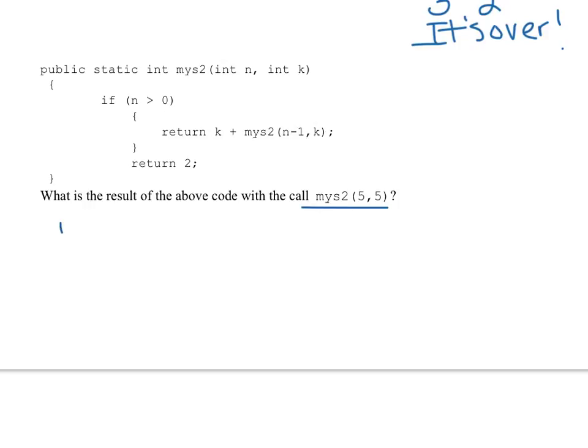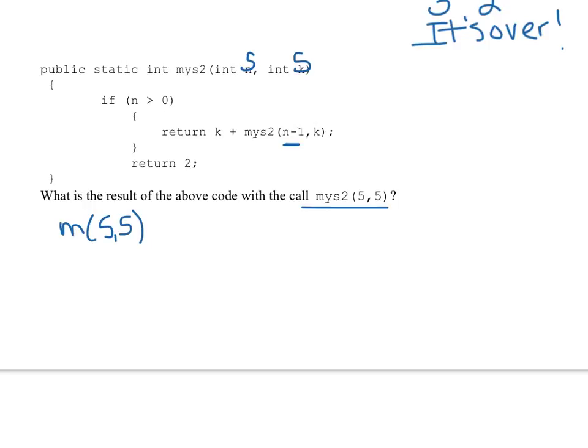So when I call mystery 5, 5, it's going to put a 5 here and a 5 here. Okay, notice this n minus 1 is always working this n towards the base case, which is 0. So once it gets to 0, then recursion is over and it backs it up and finishes it out. So that's what the base case is all about. That's why this recursion always has to be in an if statement.